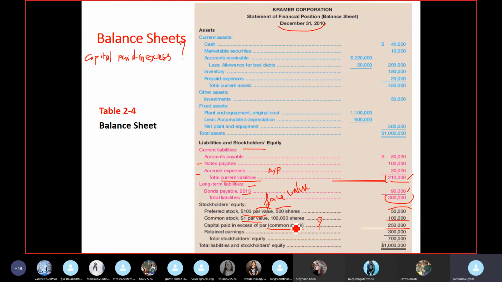Look again at the common stock share. The par value is $1. This is a certificate of common stock share. The par value is $1, already printed.